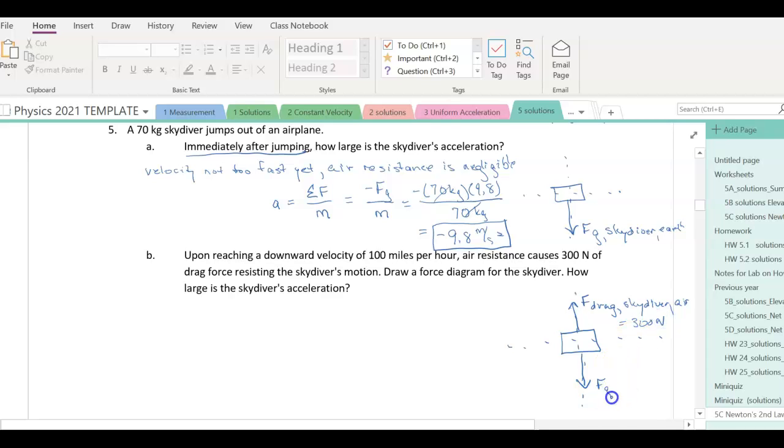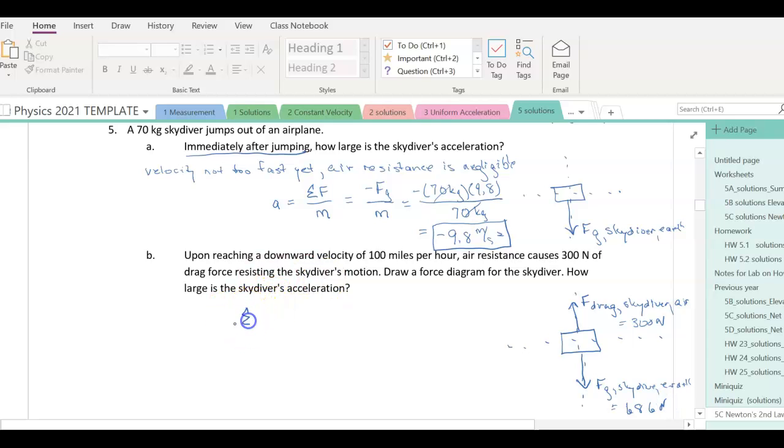And of course we know the force of gravity on this skydiver is 70 times 9.8, which is 686 newtons.